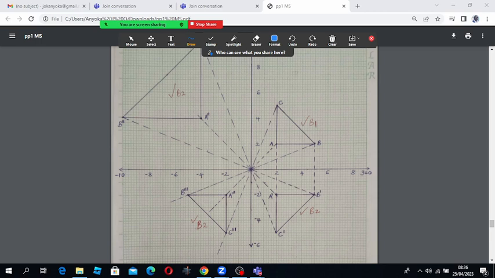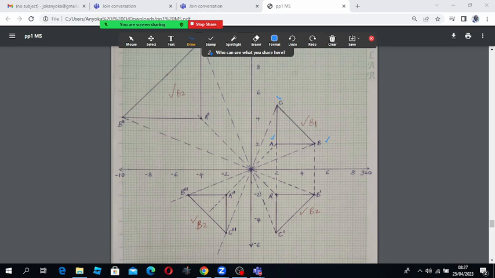It's a bit mechanical when it is a question of transformation, drawn from the transformation in form 2: reflection, translation, rotation, and enlargement. So we have drawn A, B, C. Then we go to the next instruction.